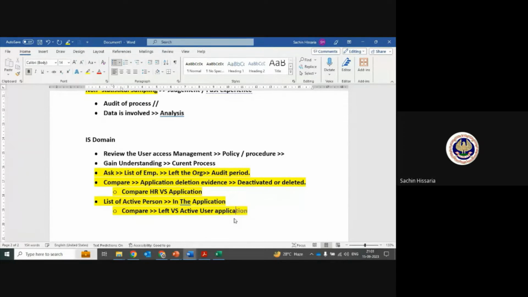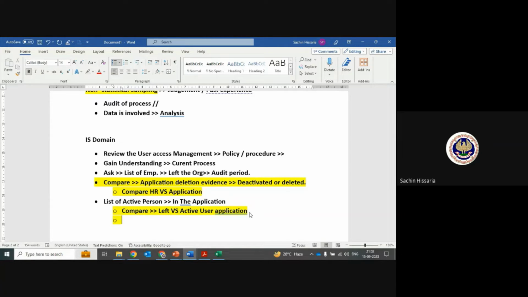This will also give you the picture of how many employees have left the organization but their access is still not revoked. Correct? Right, guys? So there are two ways of doing this analysis. Either you can compare it with the deactivated data, or you can compare it with the active user application data.